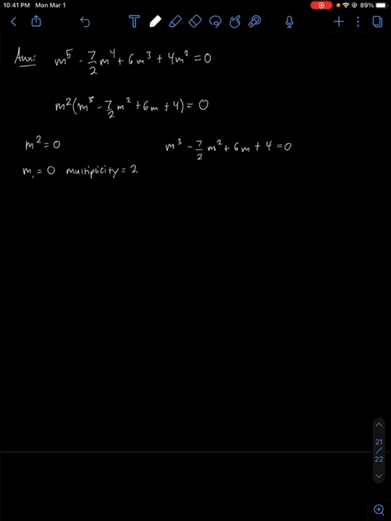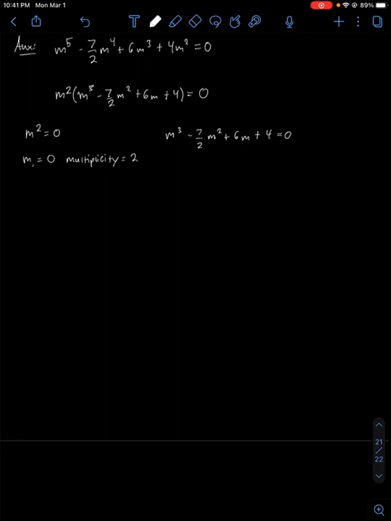Can we factor by grouping? Don't think so. Because if I take out an m squared, it's going to be m minus 7 halves. And then I don't think that it's possible to make an m minus 7 halves with the second term. So let's try substituting a 1 in here. 1 minus 7 halves plus 6 plus 4.